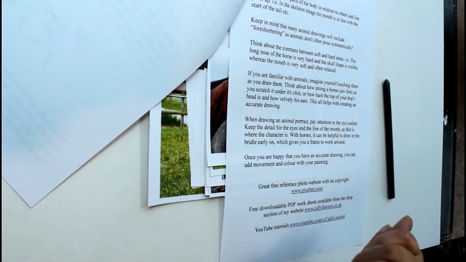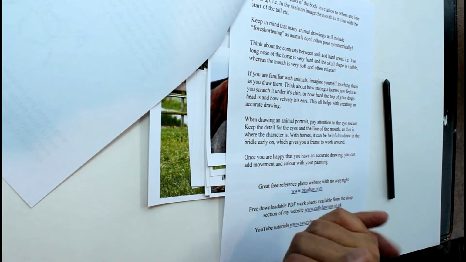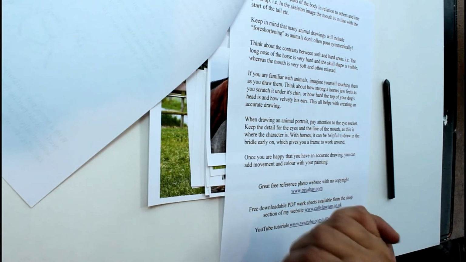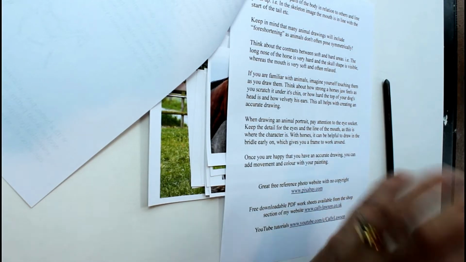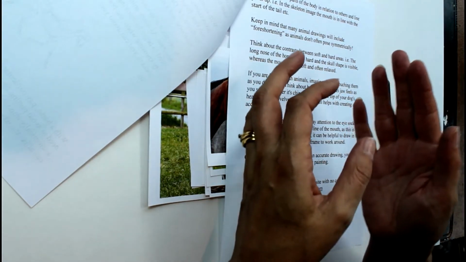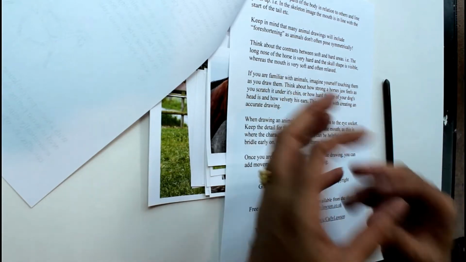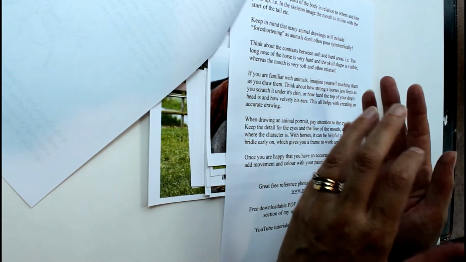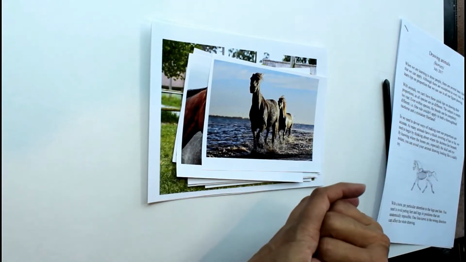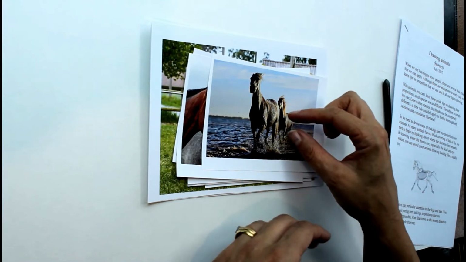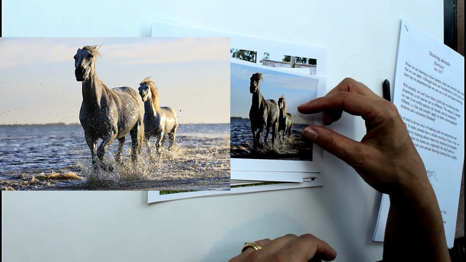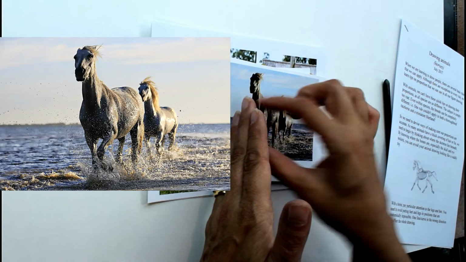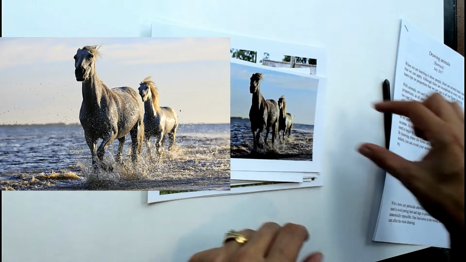So I've put that, measure parts of the body in relation to others, and keep in mind that animal drawings will include foreshortening. So in other words, they're not always going to be symmetrical onto the camera. We're going to see them from an angle quite often. So this is an example of foreshortening where we're seeing the horse, both of these horses, going away from us, not flat onto the camera, so they're neither that way on or completely the other way on.